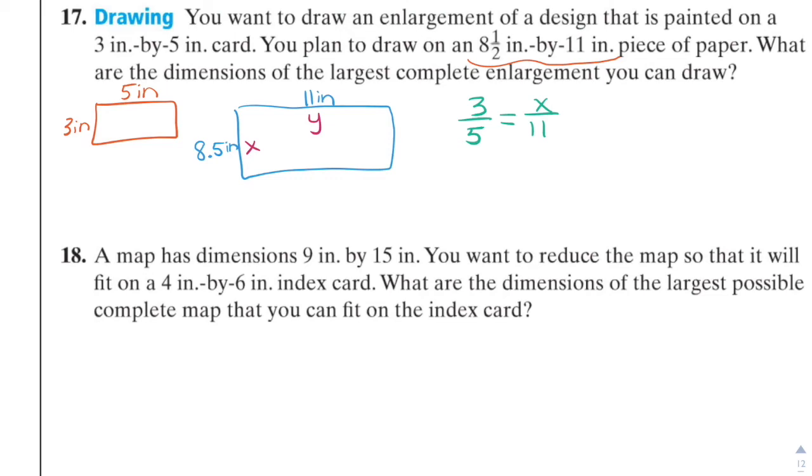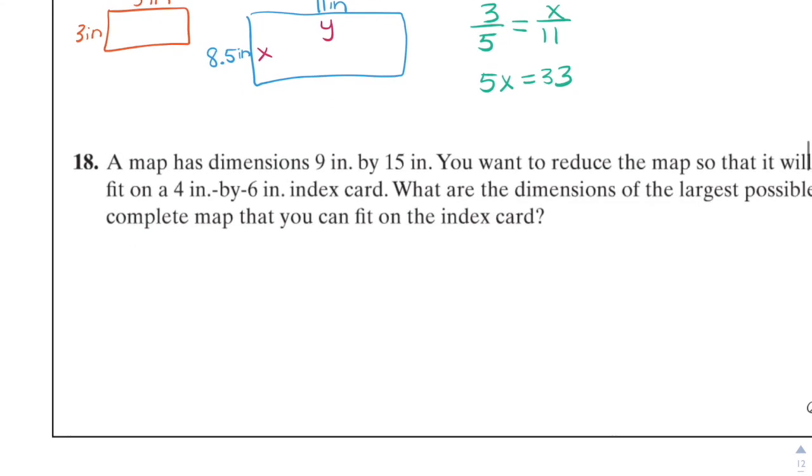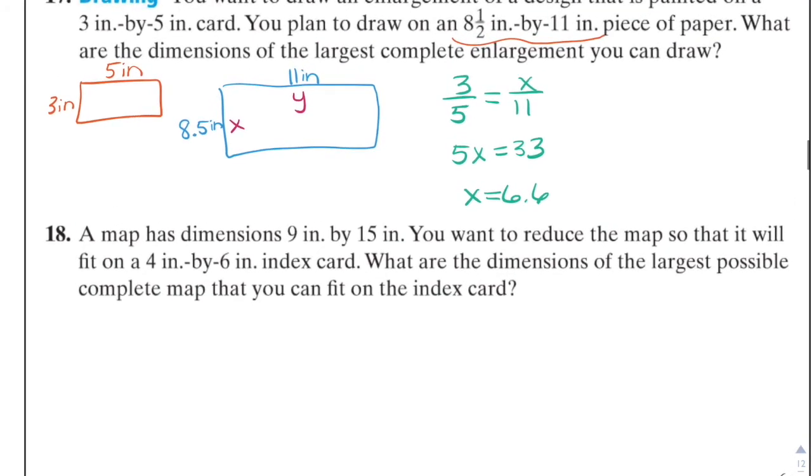So here we have 5X equals 33. And so I'm going to do 33 divided by 5. So X equals 6.6. So what I'm allowed to do is when I extend this 5 inches to be 11 total inches, it would extend my 3 inches to be 6.6 inches.